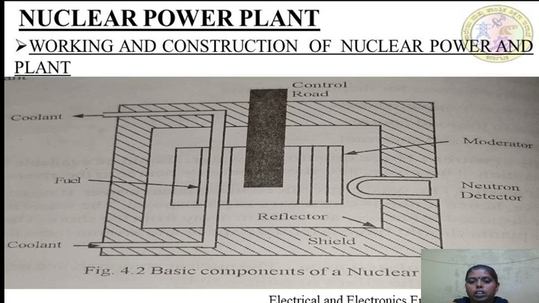Above this, a shielding construction has been made. Above this, a reflector is provided in order to reflect the neutrons back to the reactor. So it will avoid the leakage of the neutrons in the nuclear reactor.